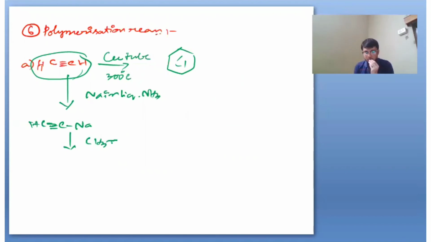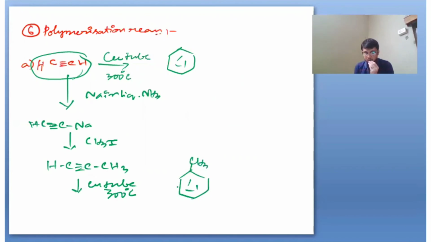We are just going to add one CH3I, that will give us CH3. So now if we heat it, it is Cu tube 300 degrees Celsius. So it will give us a molecule like this. The reactions of alkene and alkyne are done. Okay.